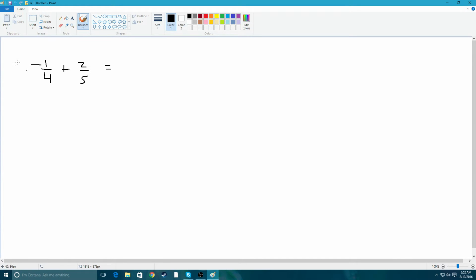So we're going to multiply this guy by 5 over 5, and this one by 4 over 4. 5 times negative 1 is negative 5. 5 times 4 is 20. 2 times 4 is 8. 5 times 4 is 20. So now we have two fractions that have the same denominator. And when we combine them, we get 3 over 20.